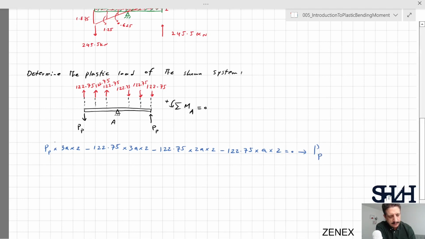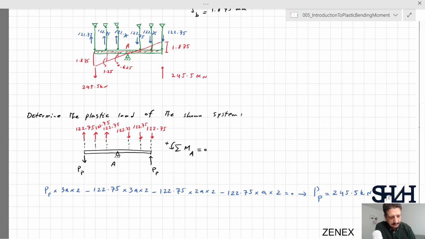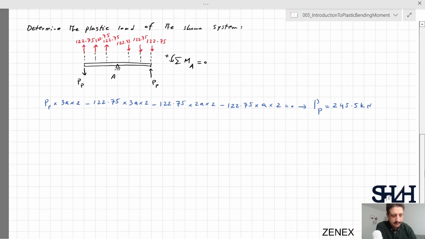Then you can easily calculate the plastic force. So it is 245.5 kilonewton. And we can see that it's exactly the same value that we calculated step by step.